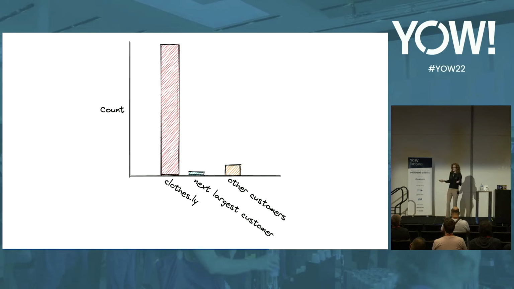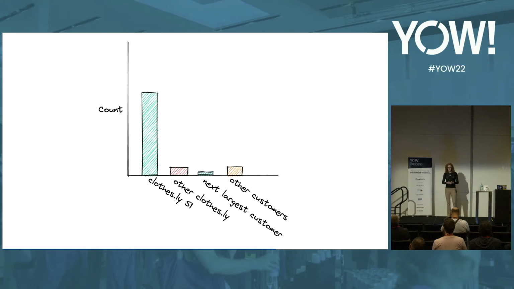And since we had it available to us, we also grouped by the subscription ID, the row ID. And then we noticed something really strange. Most of the updates were going not just to Clothesly as a data set. They were going to a single subscription, a single device in Clothesly's data set. And they had around 5 million devices.